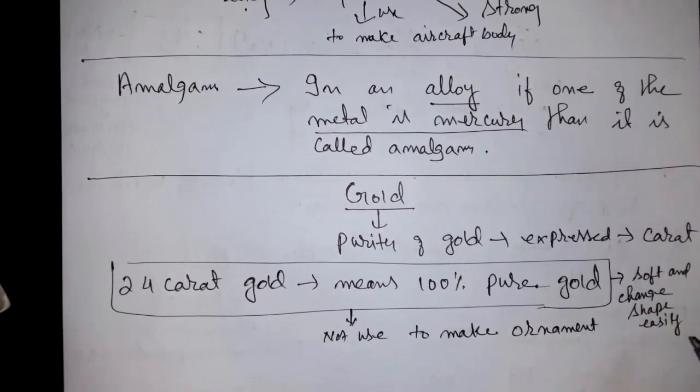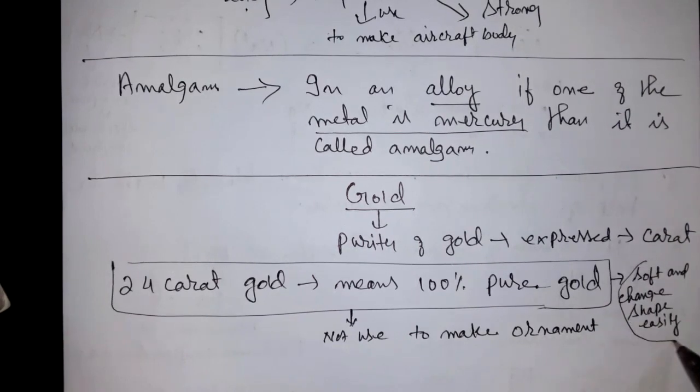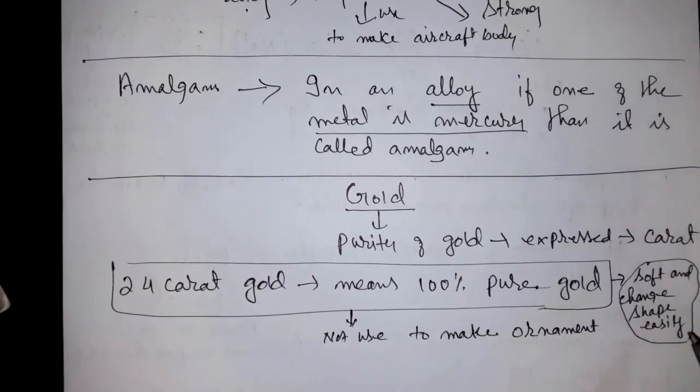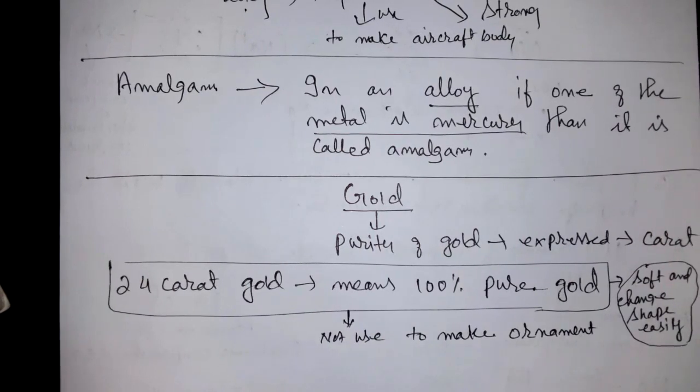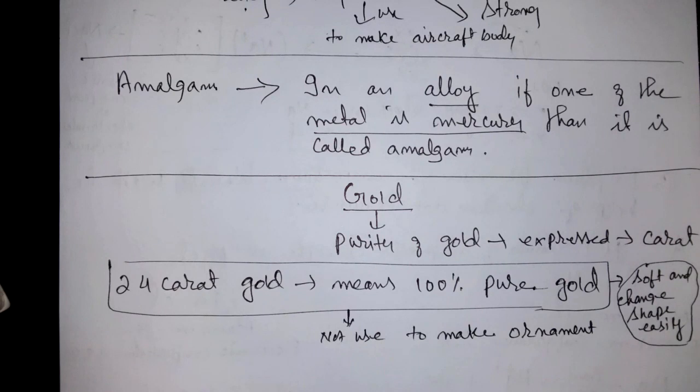That means easily it will deform. So if you make an ornament with 100% pure gold, then whenever you apply a little force, the shape of the ornament will change. And again, you have to go for correction. So there'll be expenditure again. So 100% pure gold is never used to make ornament.